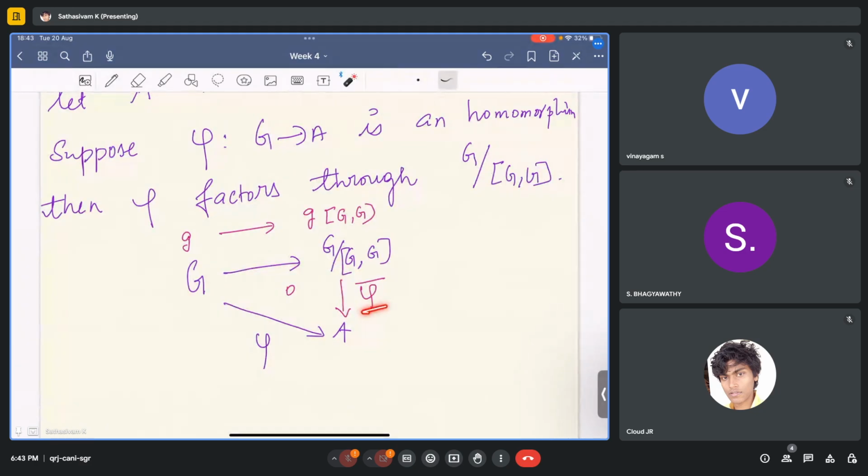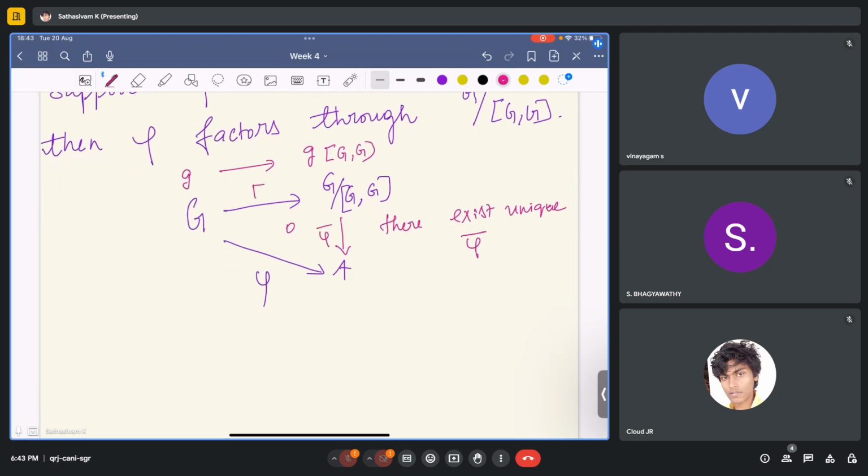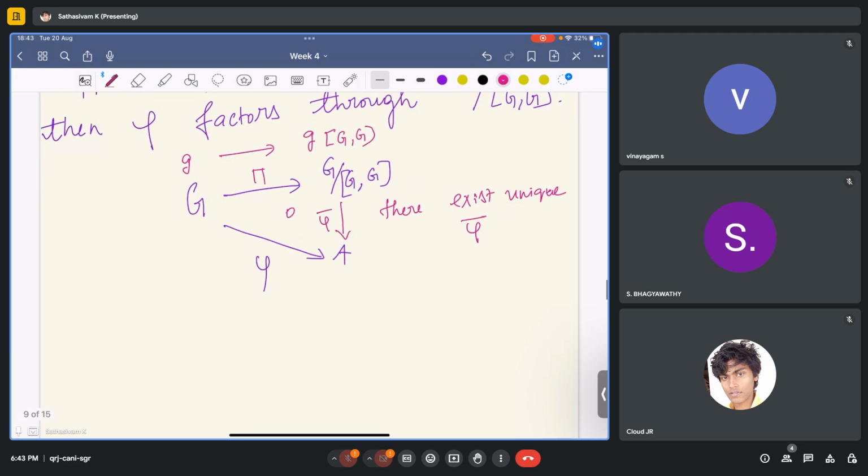And this phi bar is also unique. So probably I will write it properly. So there exists a unique phi bar such that, let me call the projection pi, pi composed with phi bar is phi. Okay.